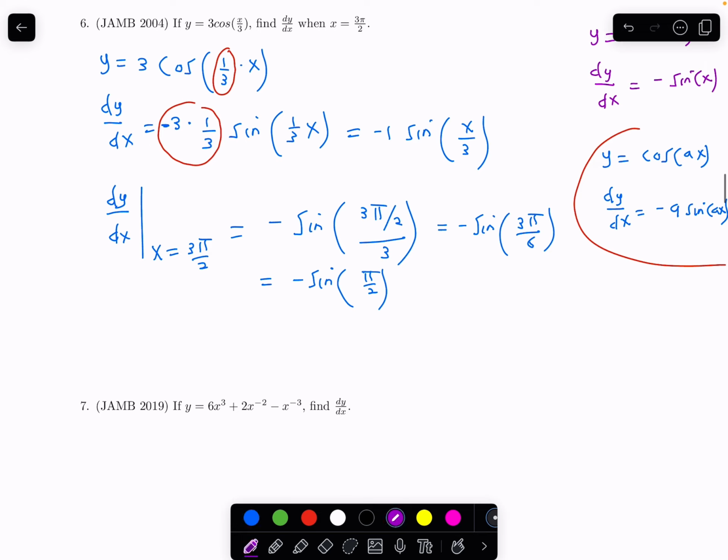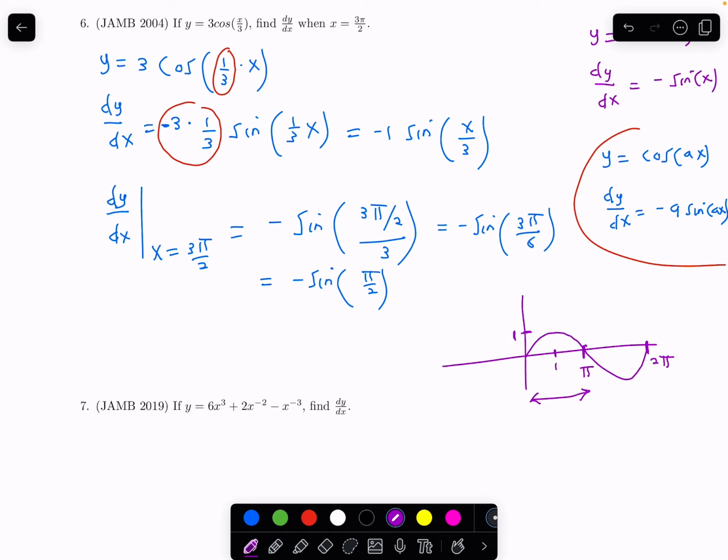So how do you know? Let me draw the graph of sine. The graph of sine starts from 0 and it's like this, right? So this is a full revolution. This is 2 pi, this is pi, and pi over 2 is just half of this, right? Half of it from here to here, half of that. So this is 1, right?